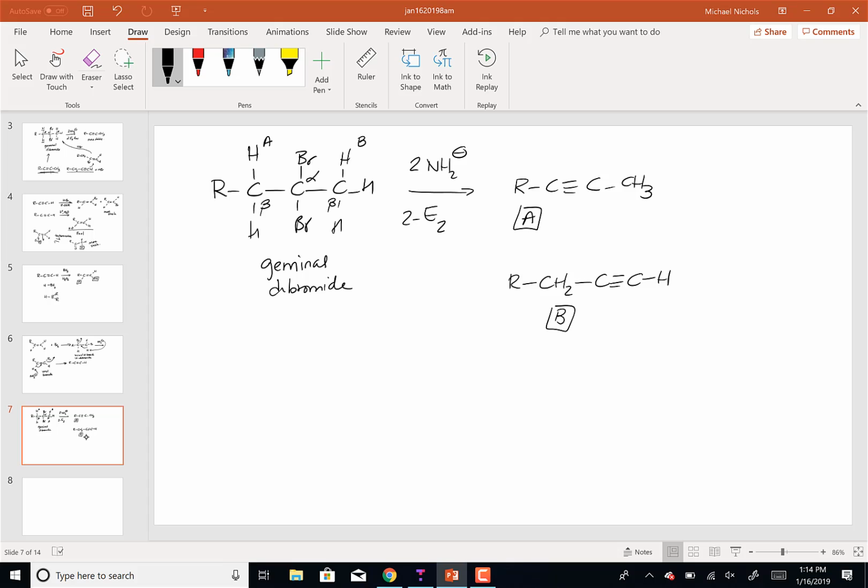Somebody said A. There's more substitution. Okay, it's more substituted, which means it's more stable. And what about NH2 minus in this process? It usually forms the more stable product. Why?